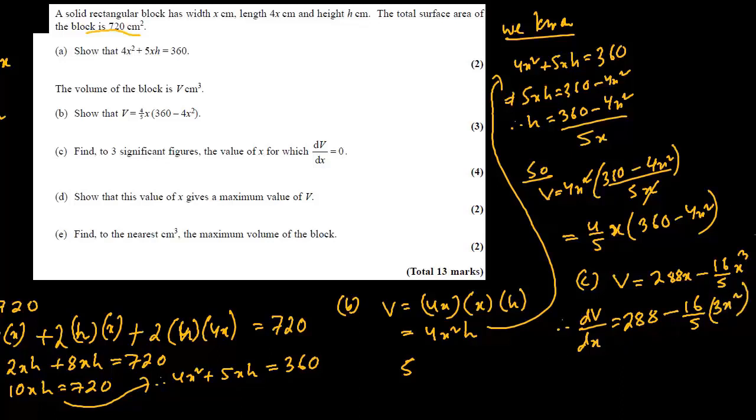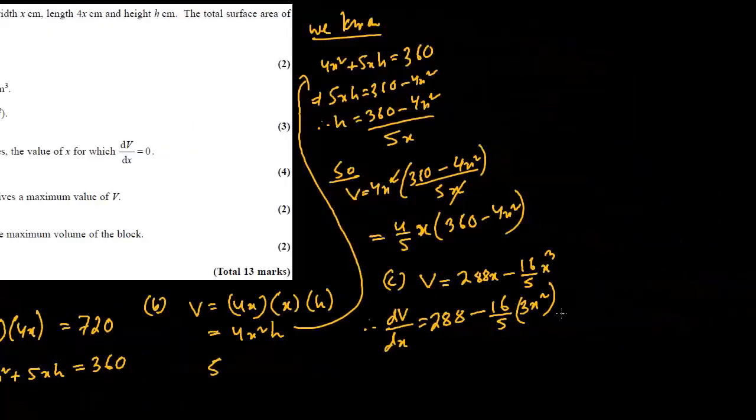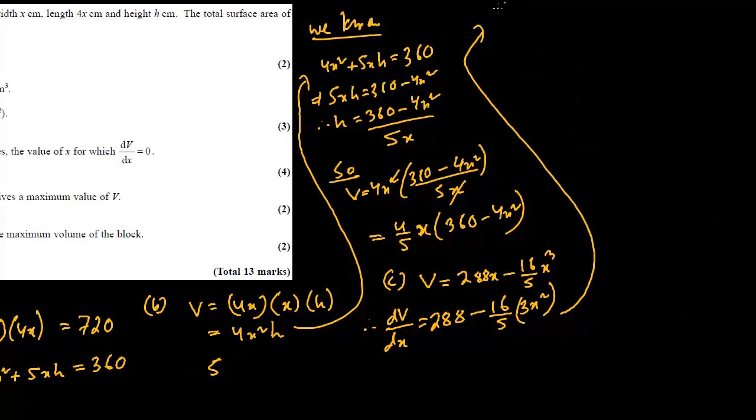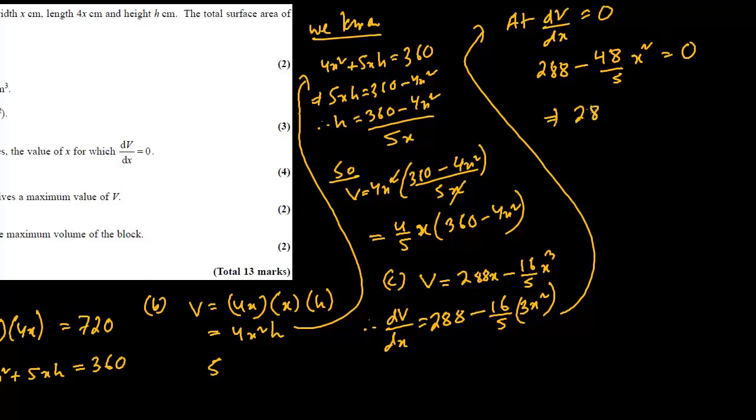So now what happens at the turning point? The gradient is 0. So we can write at dV by dx equals 0, 288 minus 16 3s are 48, 48 by 5 x squared equals 0. That means 288 equals 48 by 5 x squared.